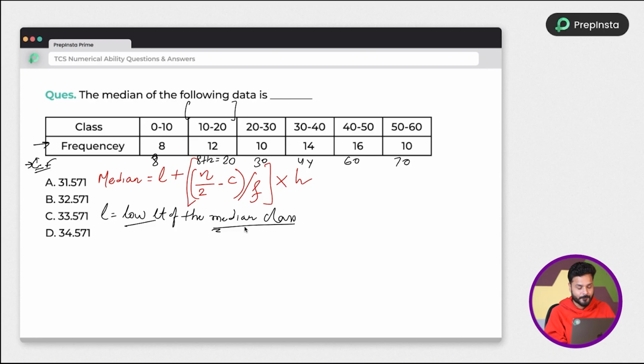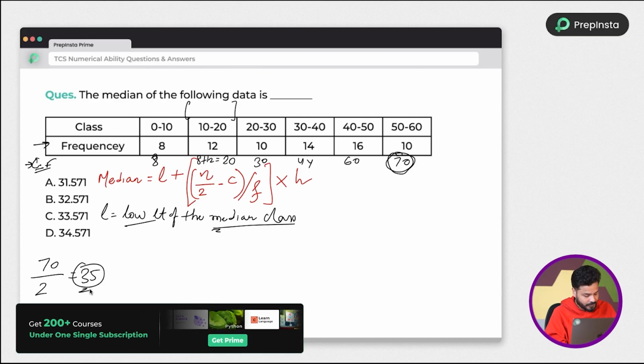For the median class, take the total number of elements, basically the max cumulative frequency, that is 70. All you have to do is divide 70 by 2. That is 35. Where is this 35 lying, guys? Till this class, it is 30. So the 35th element would lie here. Yes or no?